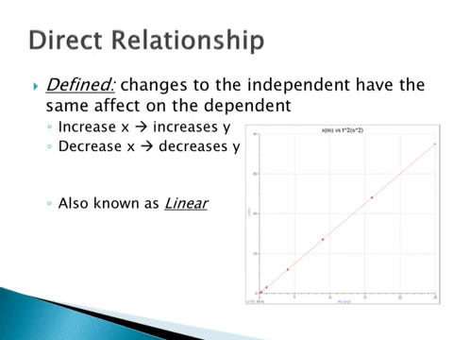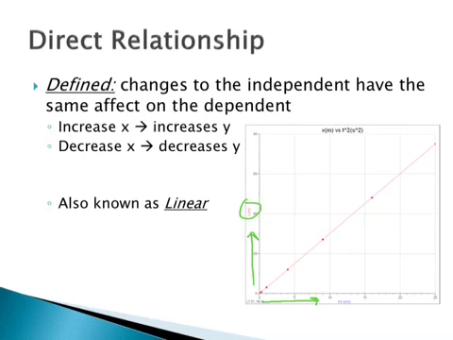Looking at the graph we have here, increasing what's shown as time squared increases x, which is what we'll call position. So increasing time increases the position. Both have the same effect. As time goes up from 0, your position increases. So that's showing a direct relationship.